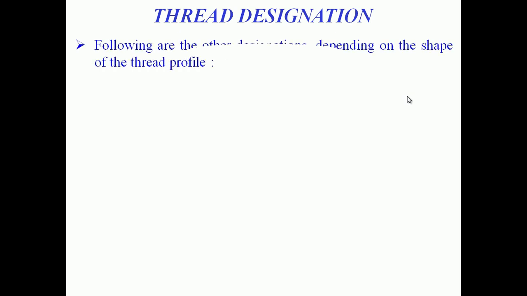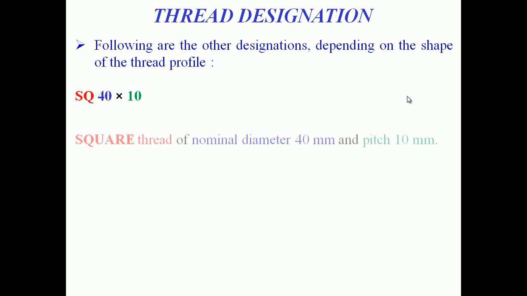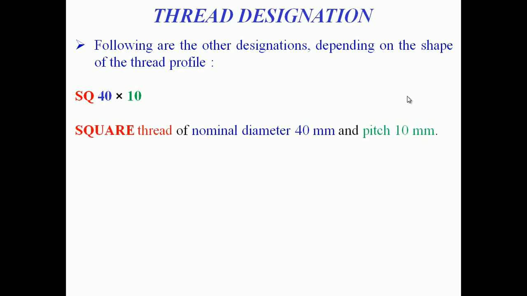Next is thread designation. Following are the other designations depending on the shape of the thread profile. SQ 40 cross 10 means square thread of nominal diameter 40 mm and pitch 10 mm. Here SQ stands for square thread.